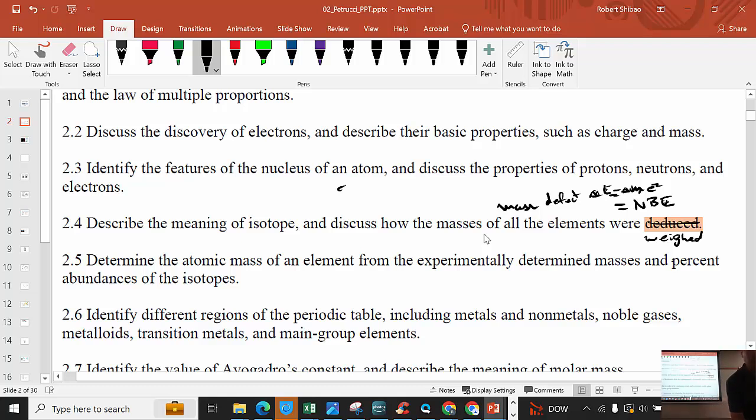We use a mass spectrometer, or mass spec for short. And then we can weigh atoms.